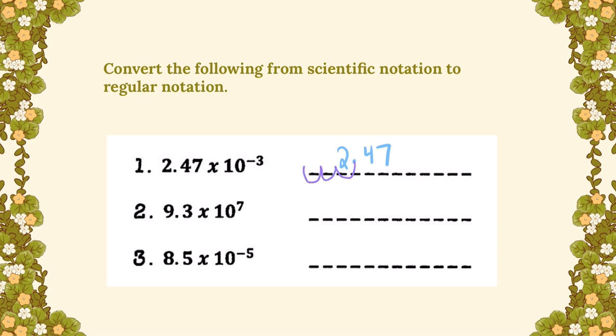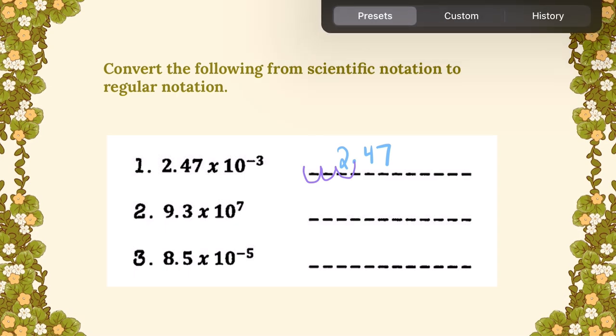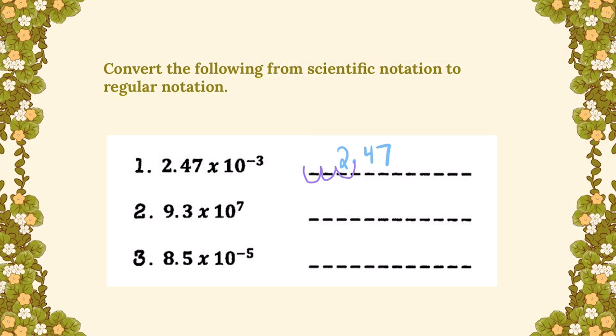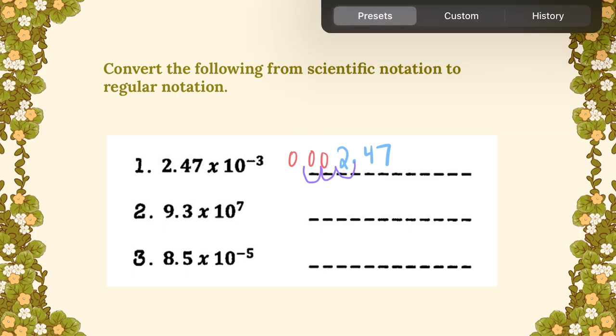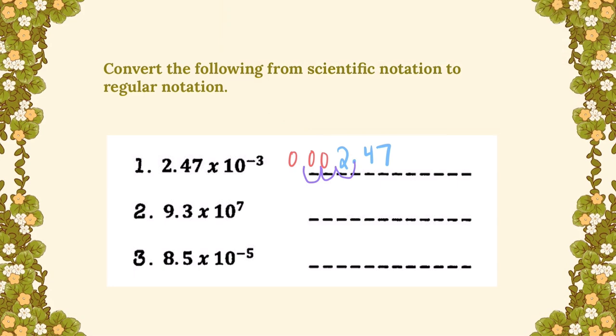Remember, in front of this 2, there are invisible zeros that we can write, and the same after the 7. The new decimal point is going to go right here, and so the answer would be 0.00247.